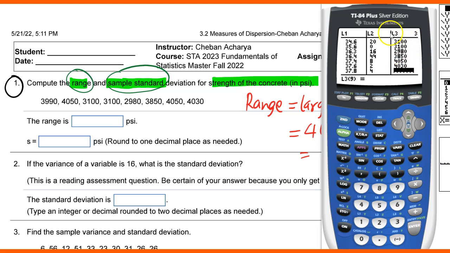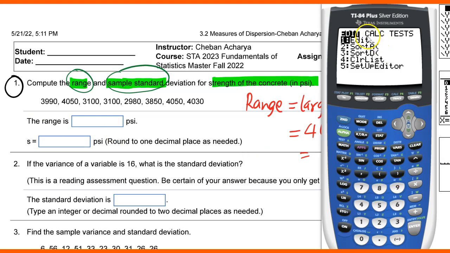Okay, I put the data in the calculator, in L3. Notice that the data are in L3. Now to find the standard deviation, I go to stat again, and select calc by using the arrow button, and select 1, which is 1-Var Stats. Now I have to tell the calculator where my data is.